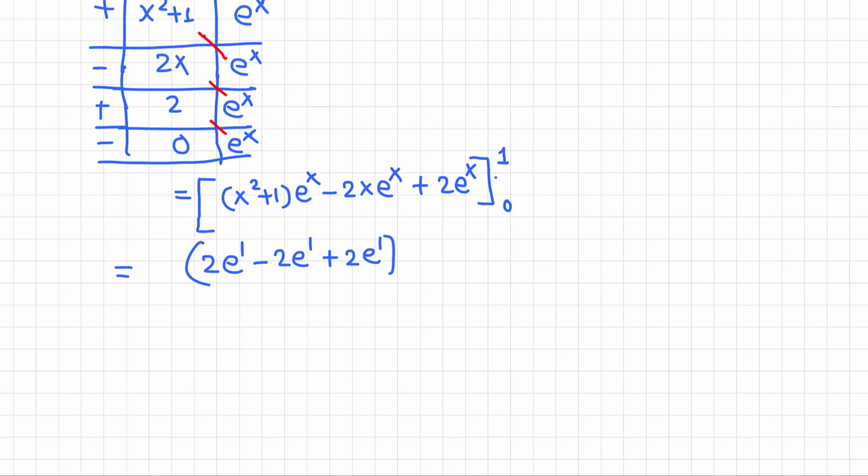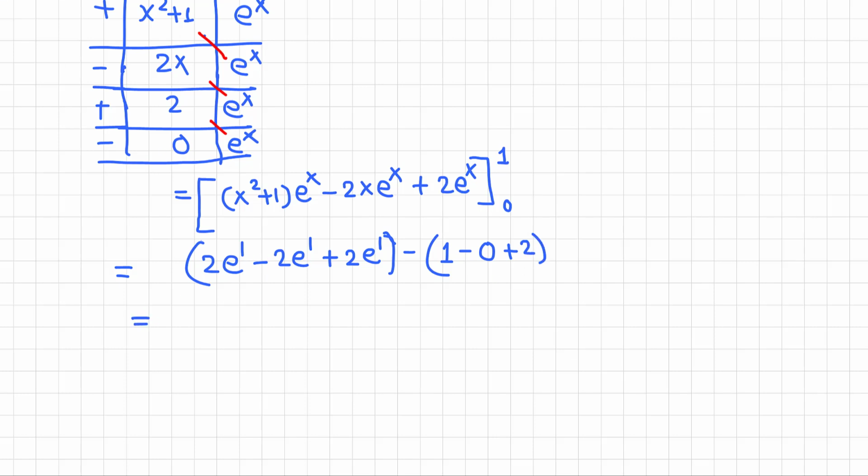That's plugging in the upper limit 1, minus plugging in 0 for x. So 0 squared plus 1, 1, times e to the 0, which is also 1. So 1 times 1 is 1, minus 2 times 0, so everything is 0, plus 2 times e to the 0 is 1, so just 2.